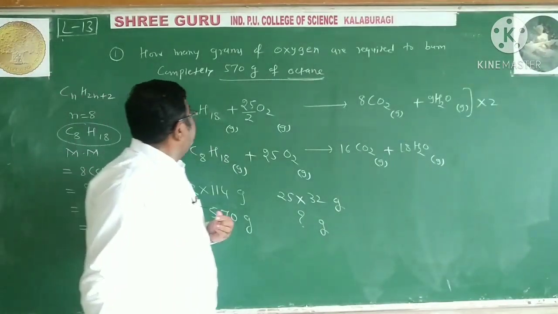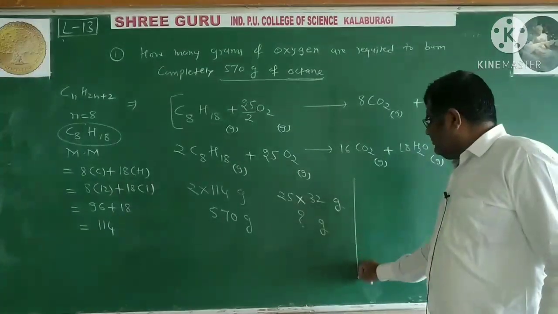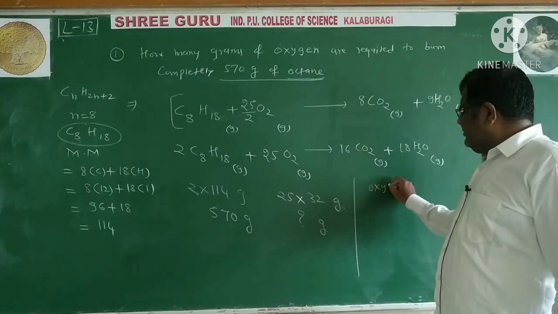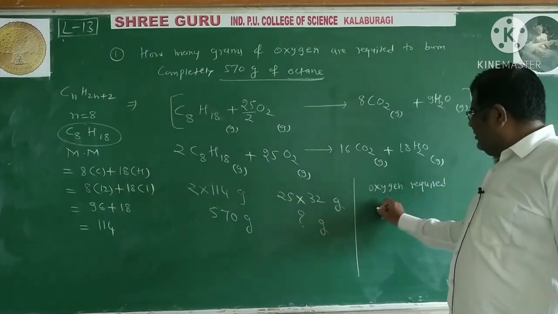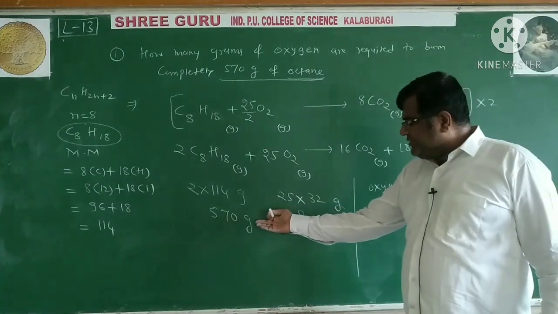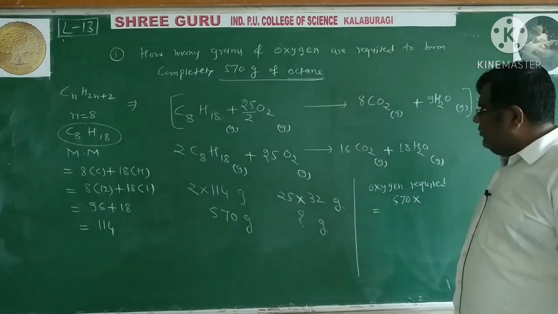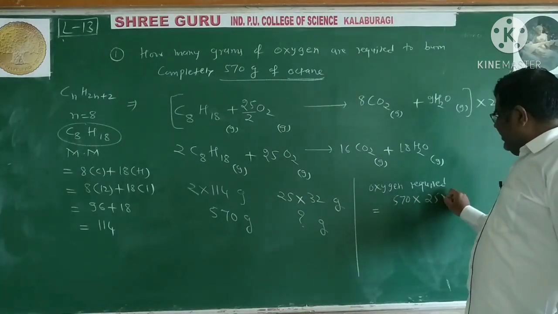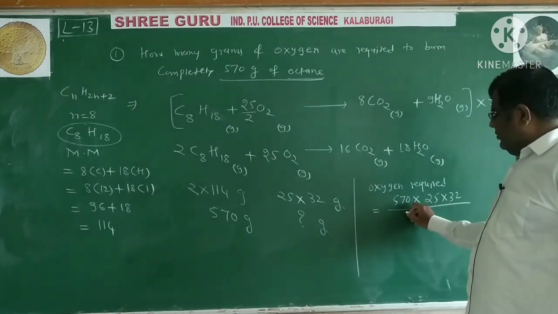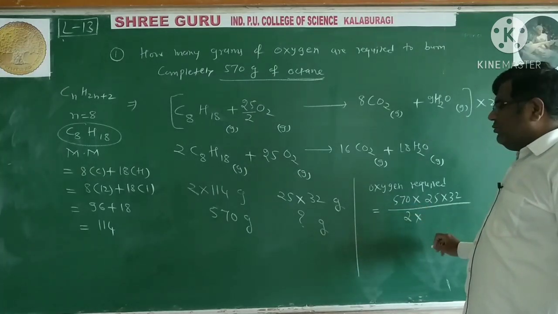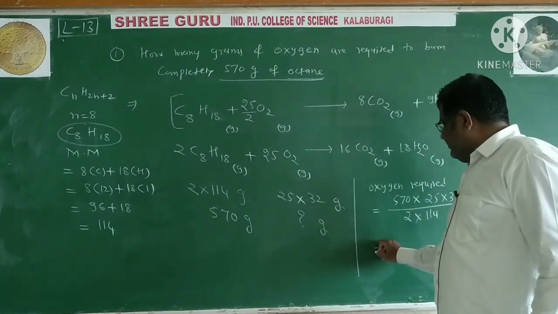So you can say oxygen required is equal to, we have to cross multiply it. 570 multiplied by 25 multiplied by 32, divide by 2, again divide by 140.